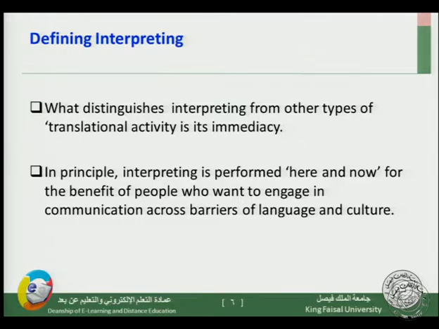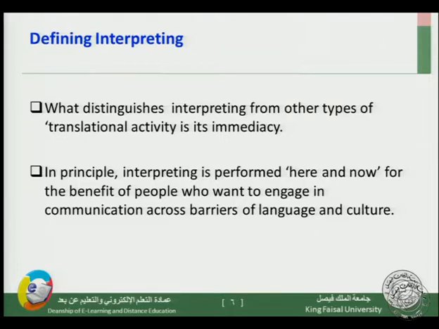If you want to get engaged in what a group of English people are doing, and they are talking in English, and you want to really know what they are doing, you get an interpreter and say, could you please tell us what they are doing?